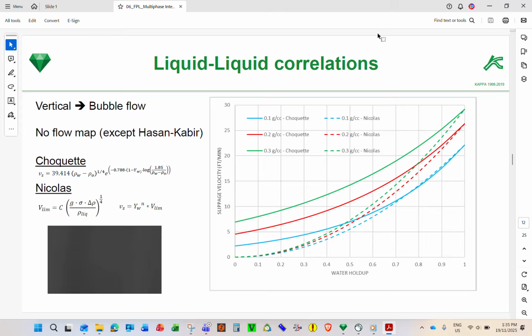You can see on the axis the water holdup. On the left is 100% oil. On the right is 100% water. So it should be in between. If you do have higher water, you might have higher slippage.